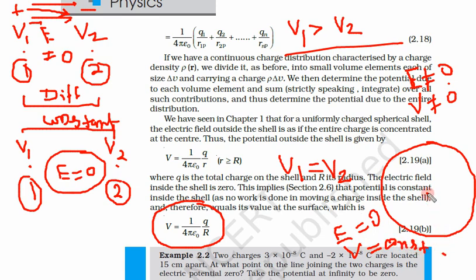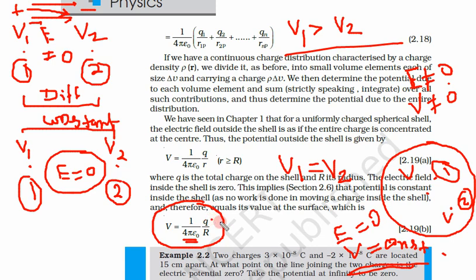So let us take 2 points inside. One point is here, another point is here. This is point 1, this is point 2. The potential at this point is V, and the potential at this point is also V, because V is constant inside. What is the constant? 1 upon 4 pi epsilon naught is a constant.